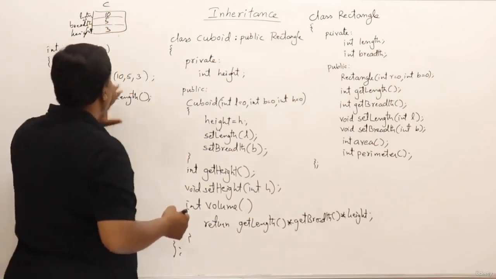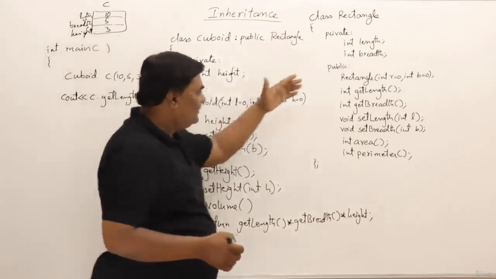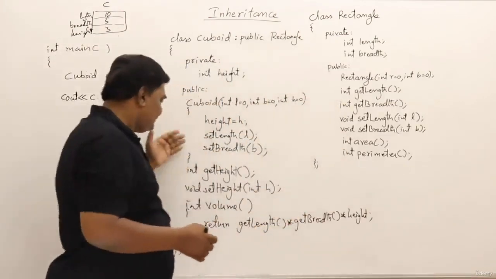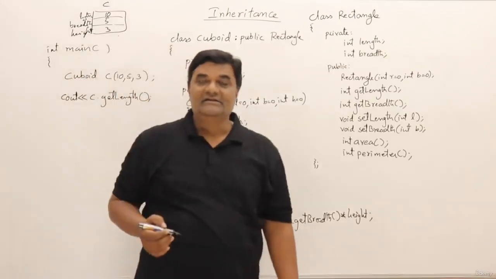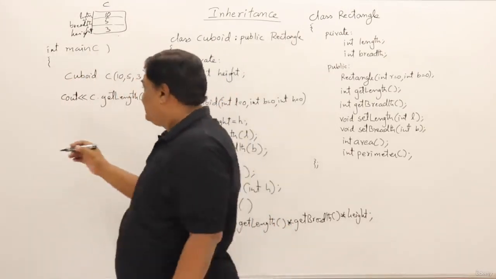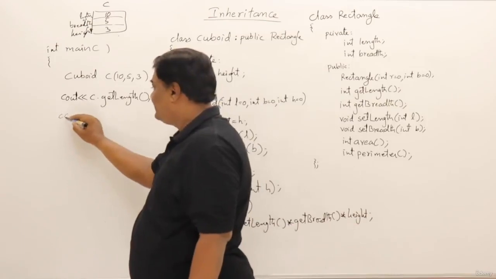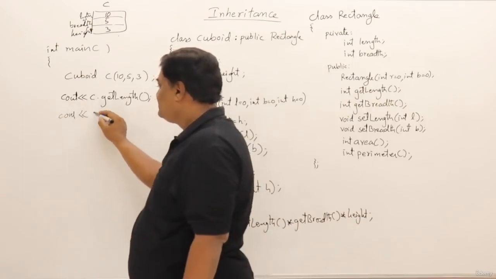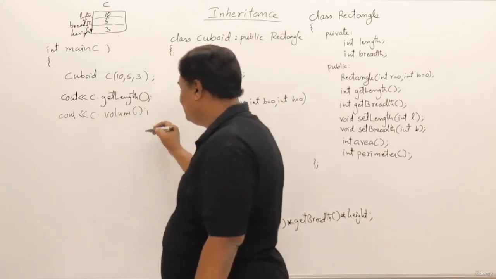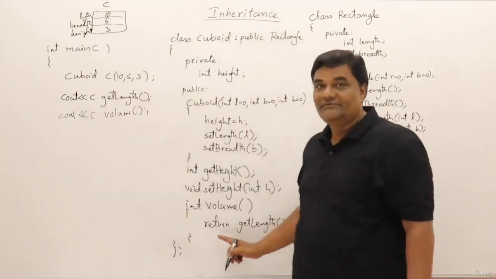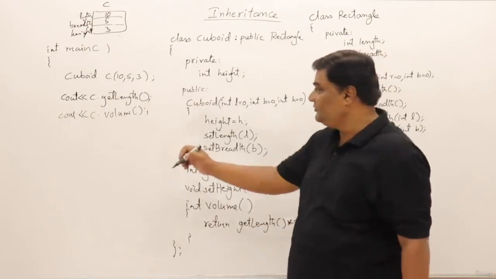And what about the functions? All these functions plus these functions. Everything is available there in that cuboid class. Now, can I call more methods? Can I say cout c dot volume? Yes. Which function will be called now? Volume function will be called and it will display volume.